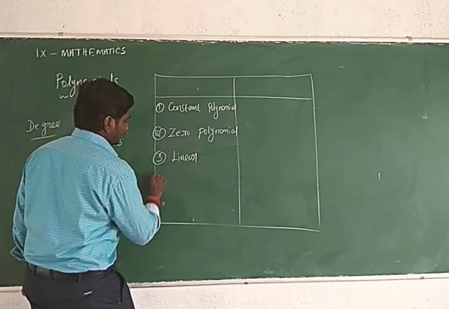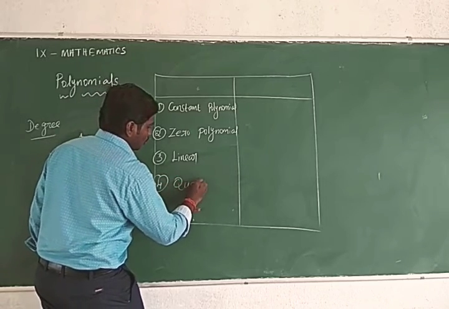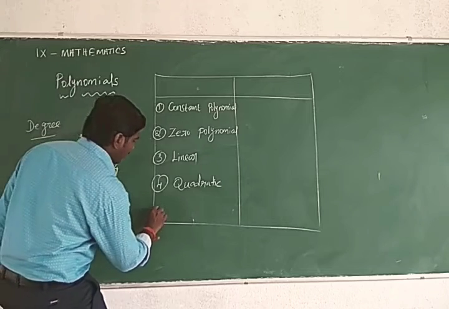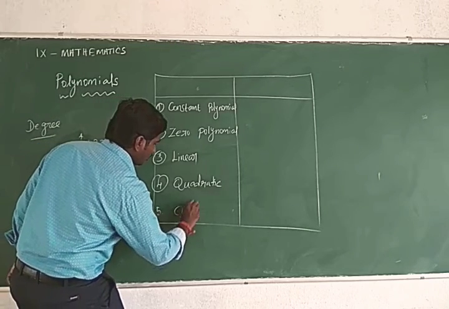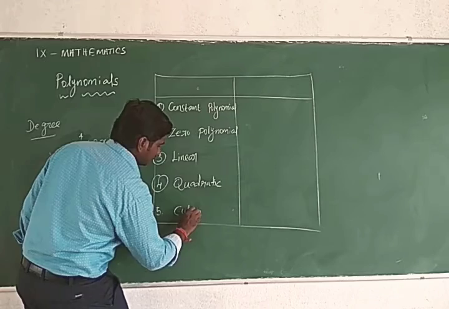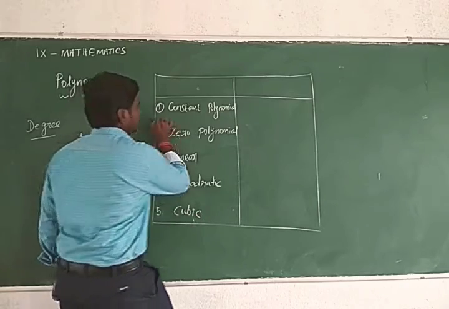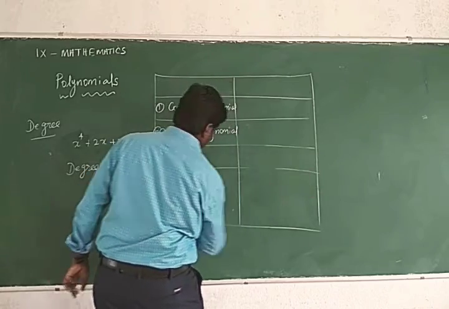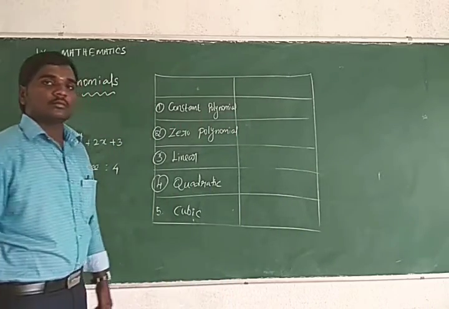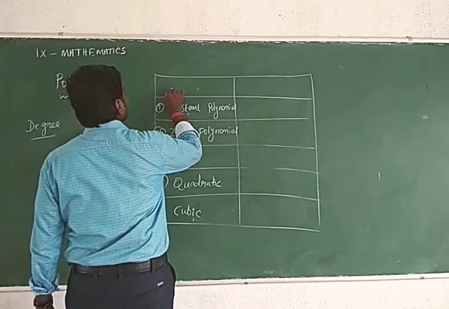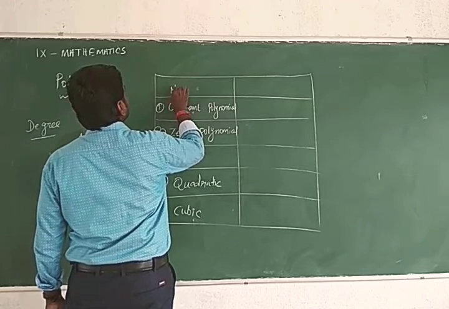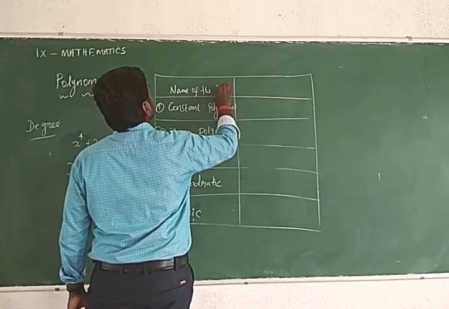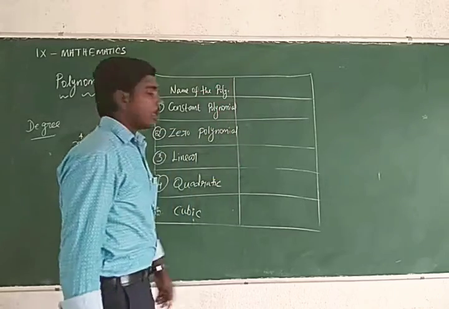Fourth, quadratic polynomial. Fifth, cubic polynomial. These are the names of the polynomials. Okay, here are examples.